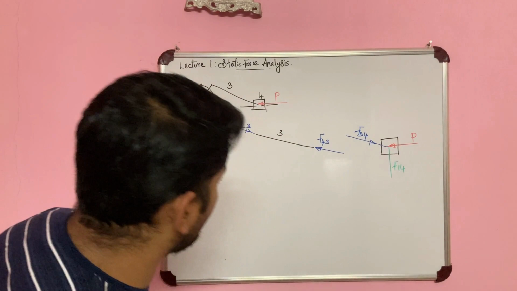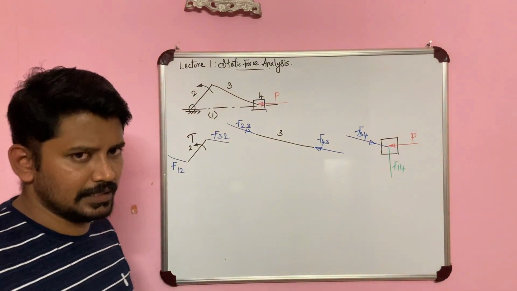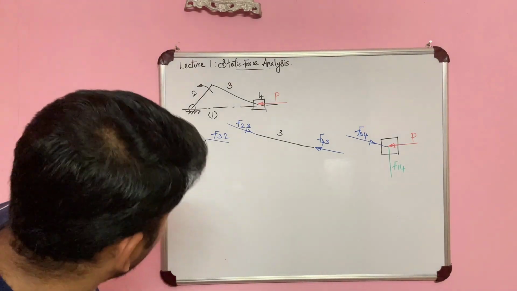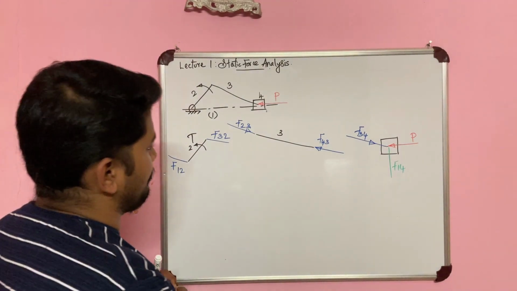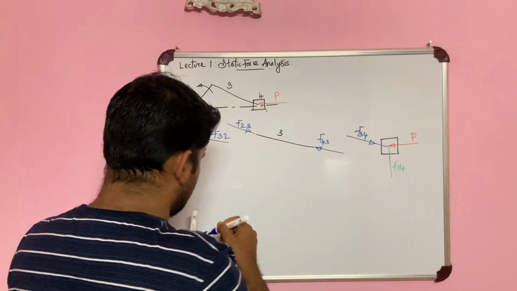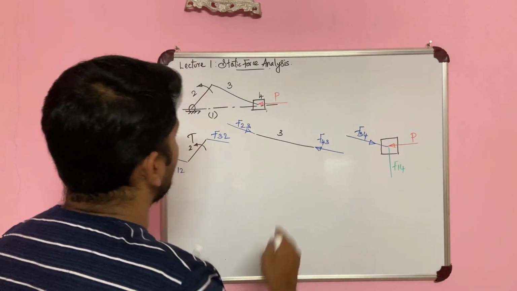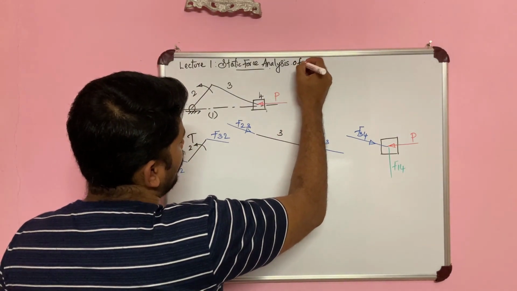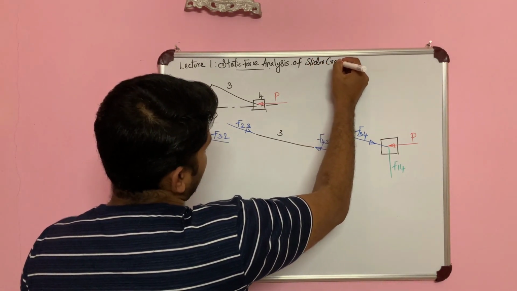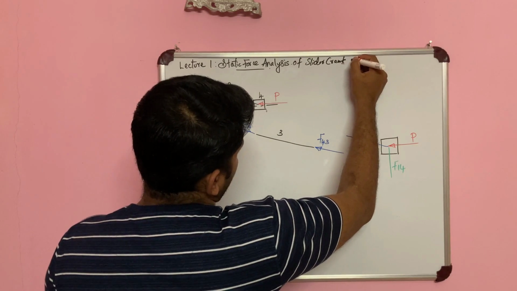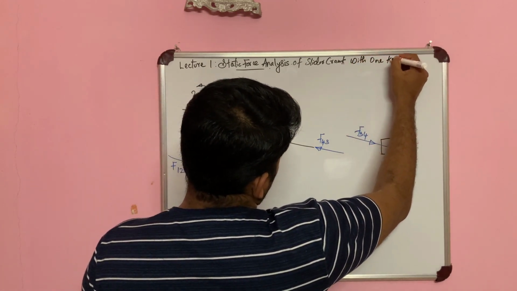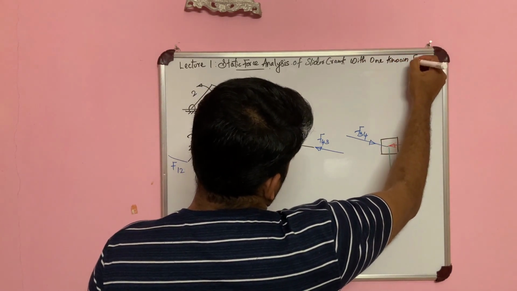Right, so I have already drawn these figures, so let us go with the same thing. Now over here, it is static force analysis of a slider crank with one known force.